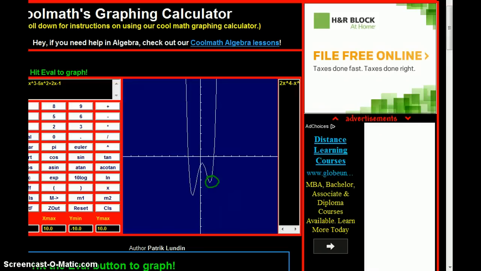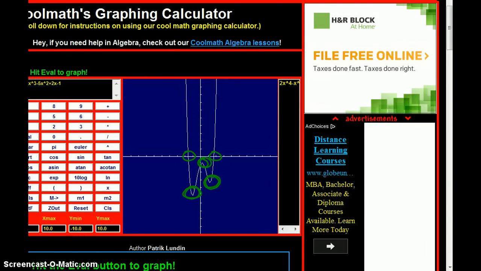The graph goes lower than that. However, it's a point where direction changes, so we call that a relative minimum. Same thing here. This is called a relative maximum because it's not the highest point on the graph, but it's the highest point for that region. So this graph would have two minimum values, one maximum value, and two zeros.